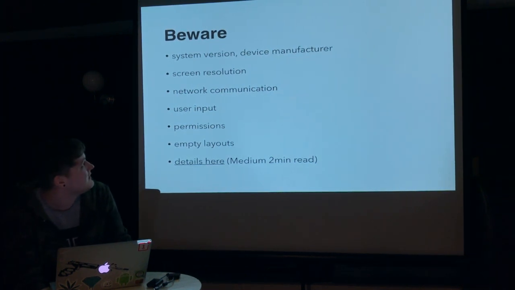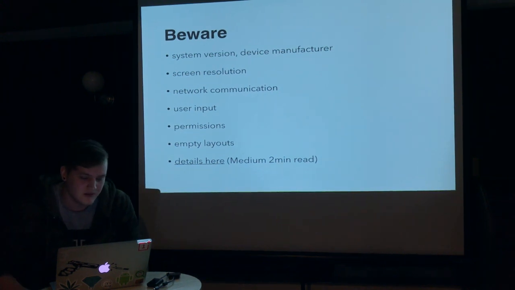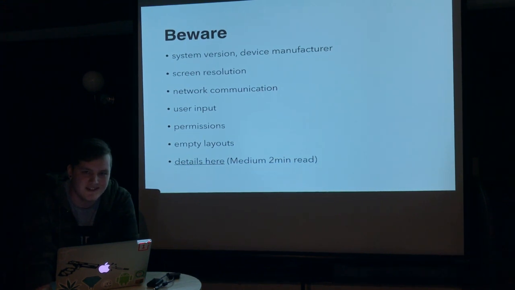So we need to check the product on all system versions, like on the lowest supported to the highest supported. We need to check multiple device manufacturers, like Xiaomi is the one which is probably the most broken at all the times. We need to check multiple screen resolutions, and also there are like other things.